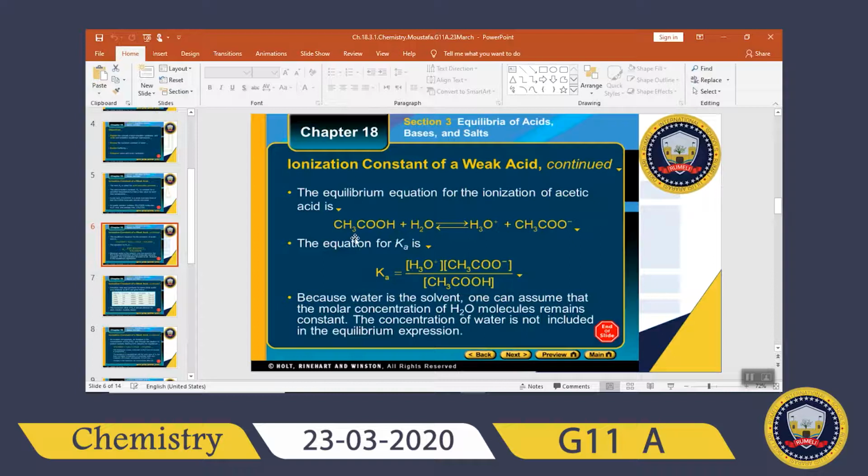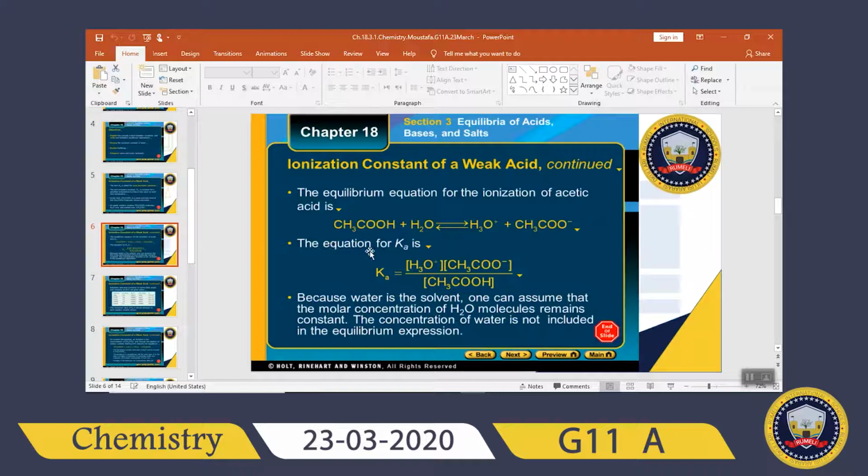If we have the ionization of, for example, acetic acid, the acetic acid will ionize in aqueous solution to form hydronium ion and acetate. Now this part is the reactants and this side is the products.